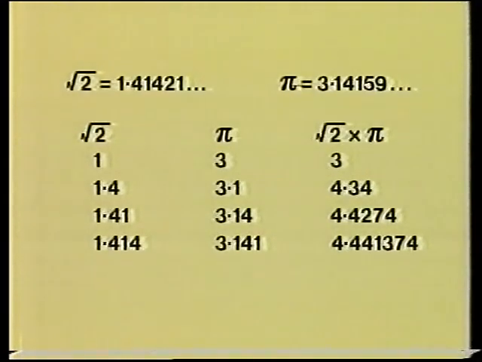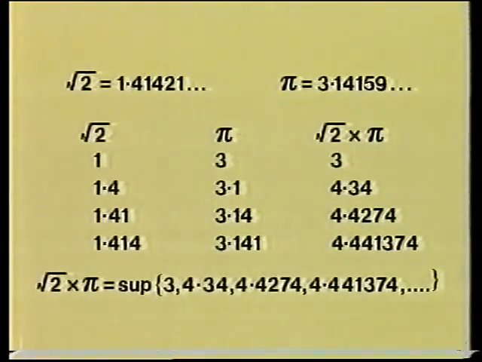Well, each truncation for root 2 is less than 2, and each for pi is less than 4. So the product is less than 8. So the set of products on the right is bounded above by 8. And so, by the least upper bound property, this set does have a least upper bound. We can use this least upper bound to define the product root 2 times pi.